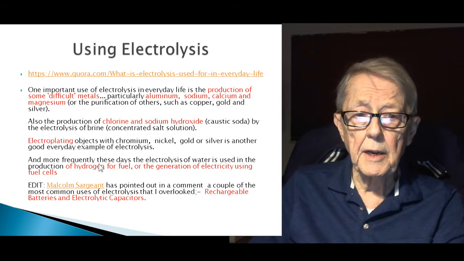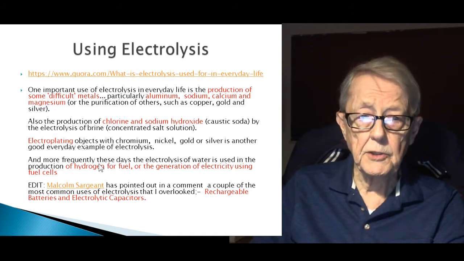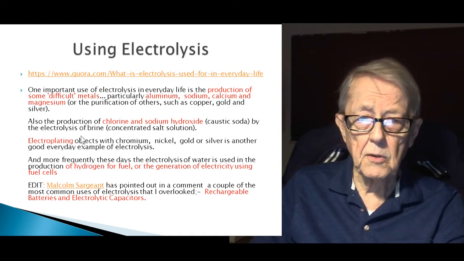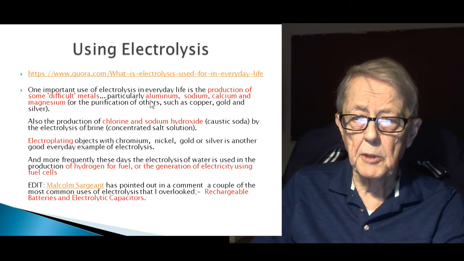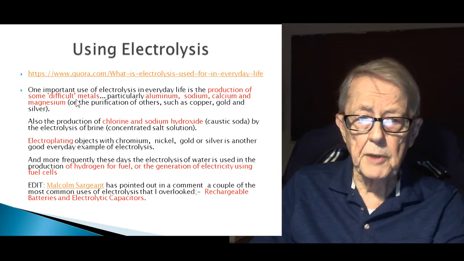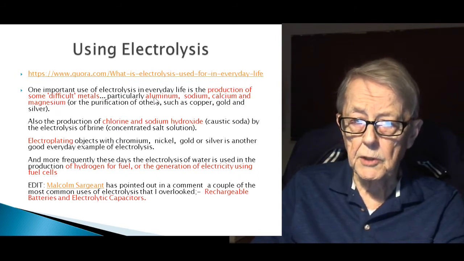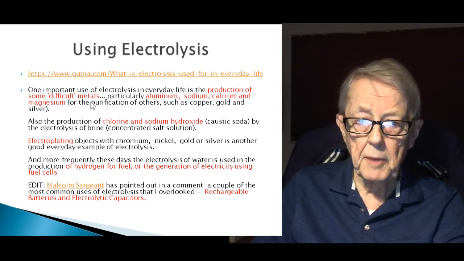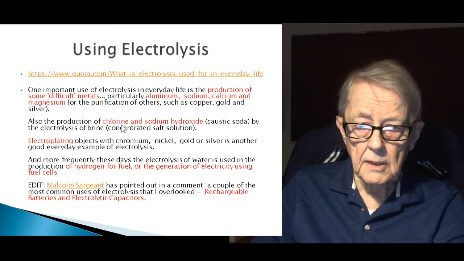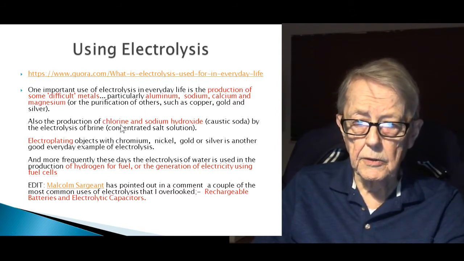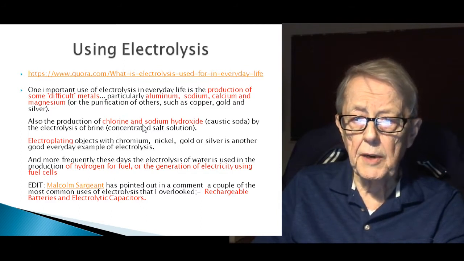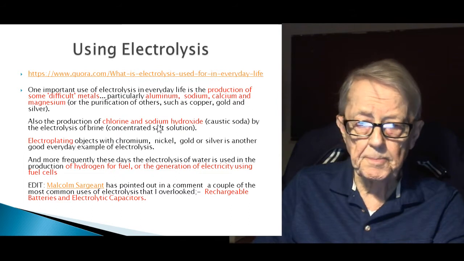Okay, looking at electrolysis, there's a lot of uses of electrolysis. They're listed all over here. It's used in the production of some difficult metals. They can help produce aluminum, sodium, calcium, and magnesium. You use potassium hydroxide to produce chlorine and sodium hydroxide.